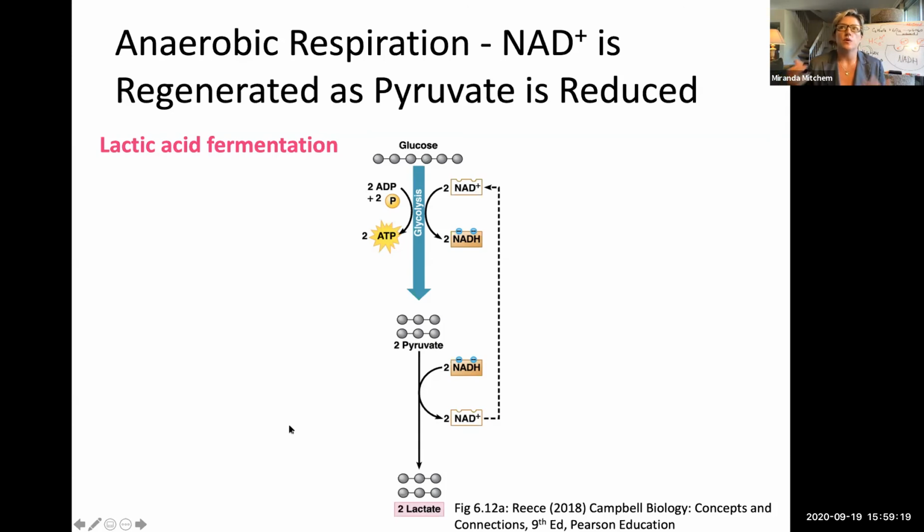So you do generate energy in anaerobic metabolism, just 2 ATP for every 1 glucose, but also we oxidize the NAD so that it can go back and be used again and again and again.